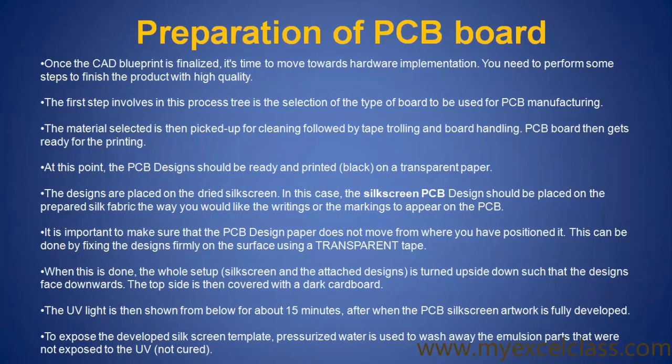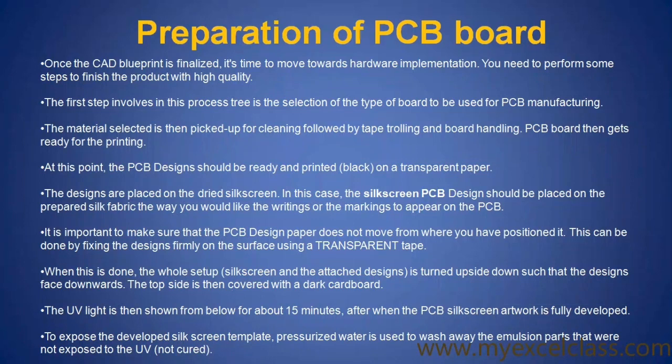The selected material is then packed up for cleaning, followed by tape rolling and board handling. So the PCB board then gets ready for printing. These are the points on how to start PCB board manufacture.